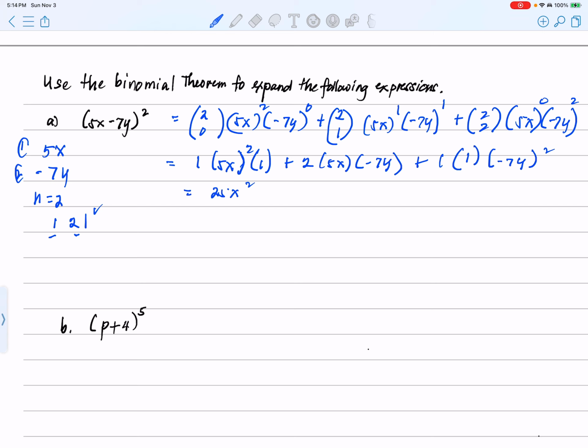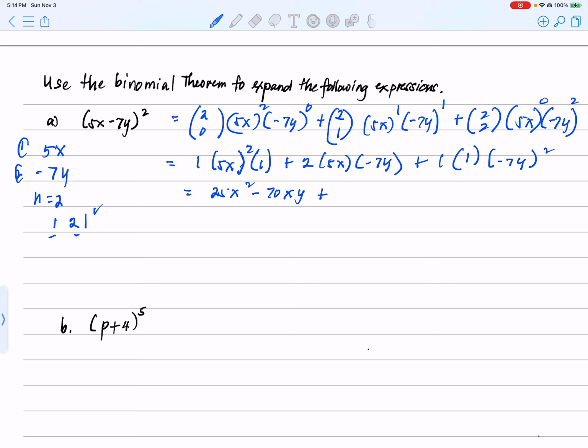Then 2 times 5, that's 10, times negative 7, that's negative 70xy. 1 times negative 7 squared, that's 49 y squared.